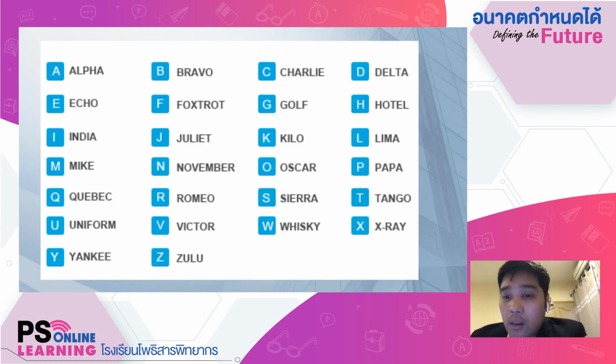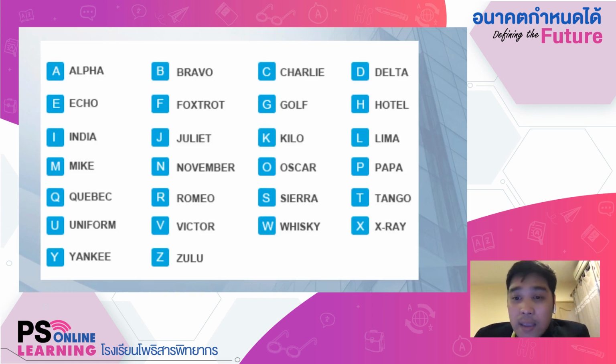Lima, L for Lima. Mike, M for Mike. November, N for November. Oscar, O for Oscar. Papa, P for Papa. Quebec, Q for Quebec. Romeo, R for Romeo. Sierra, S for Sierra.